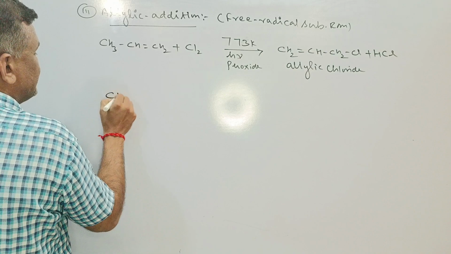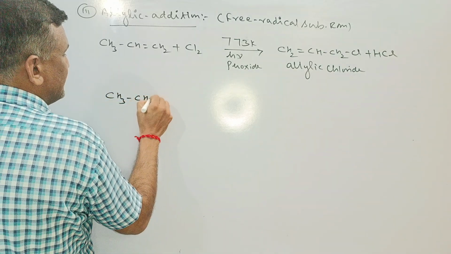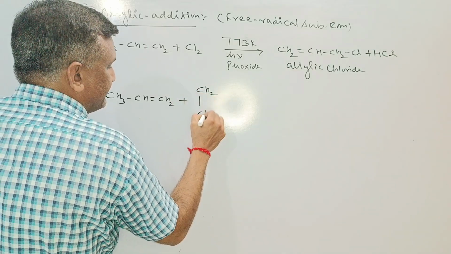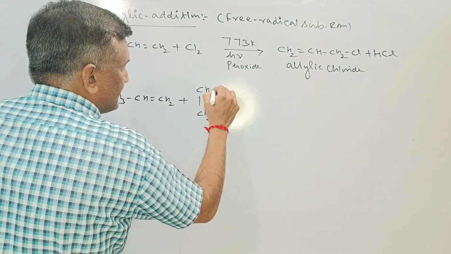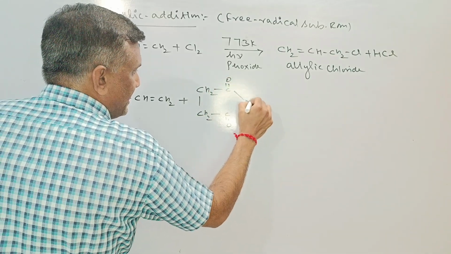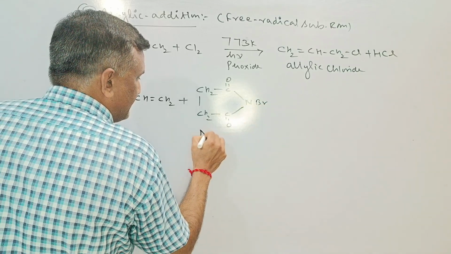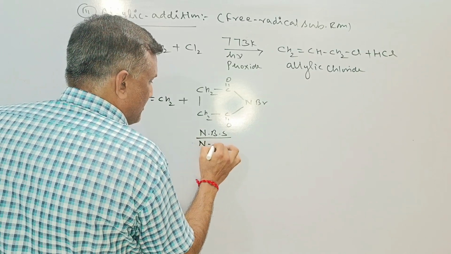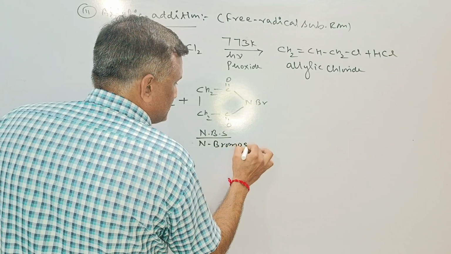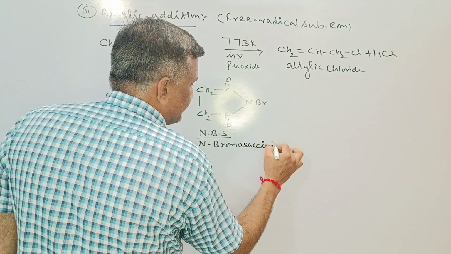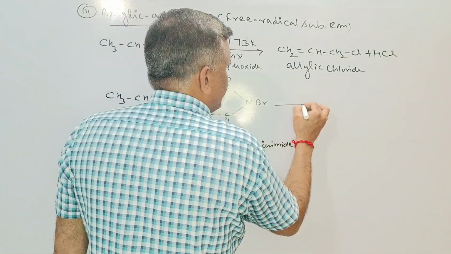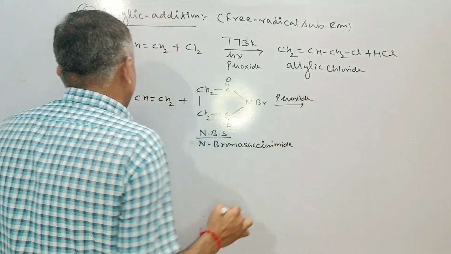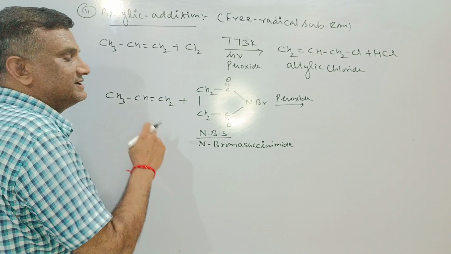This is CH3-CH=CH2 with NBS, meaning N-bromosuccinimide, with the two C=O groups and N-Br. Under the same conditions, peroxide, Br will attack the same CH3 carbon atom.